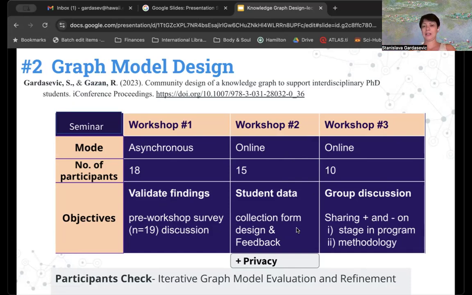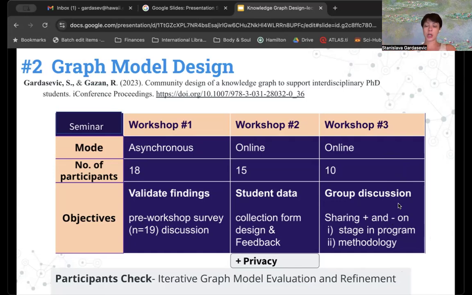So basically, the information that others will have is that information that these students will voluntarily give. So we wanted to make sure that the form makes sense, it's not too complex to put in your data. And there was a lot of discussion on privacy there. And in the end, we talked about different aspects of the program that were helpful and not helpful.